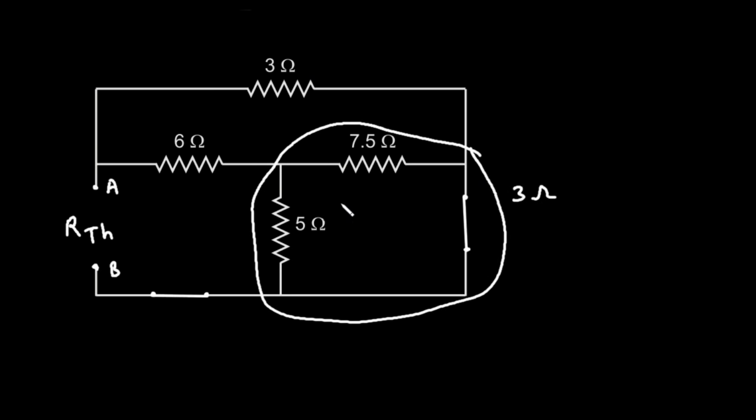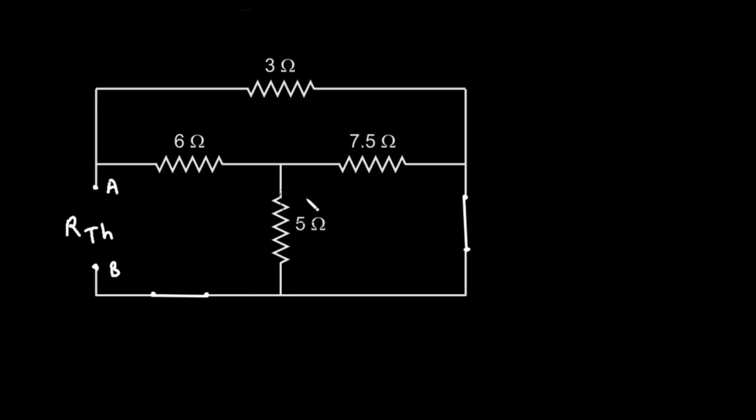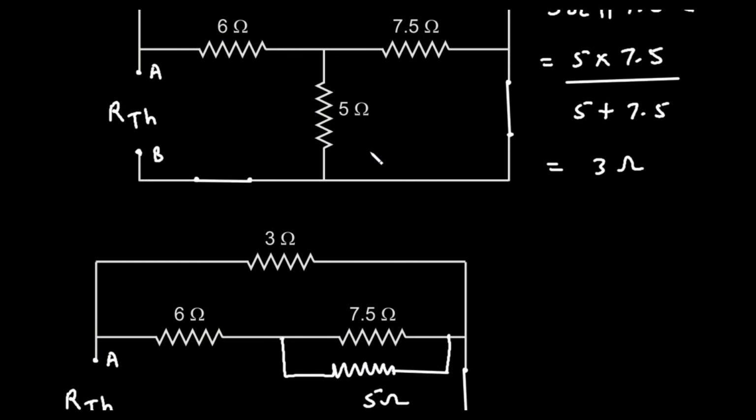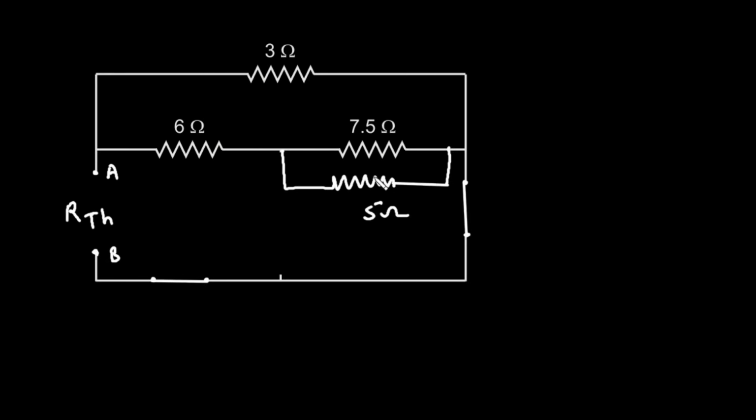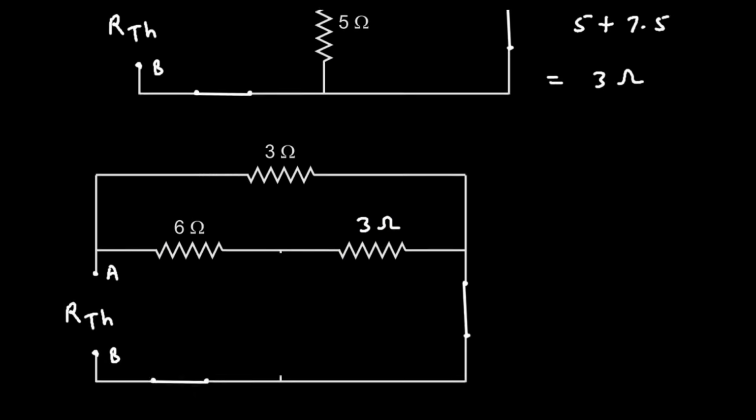We can simply erase this 5 ohm, because this 5 ohm is connected like this, and this 7.5 ohm and this 5 ohm are like this. So we can erase this 5 ohm and this 7.5 ohm. Now there will be only one resistor of 3 ohm. So it is simply 3 ohm.